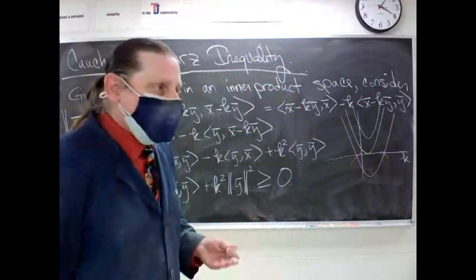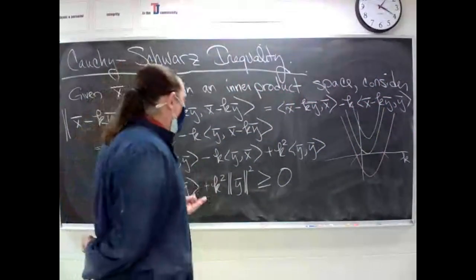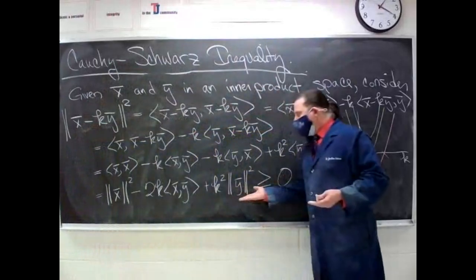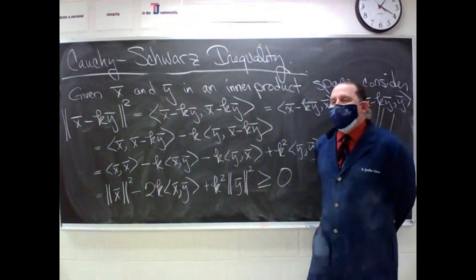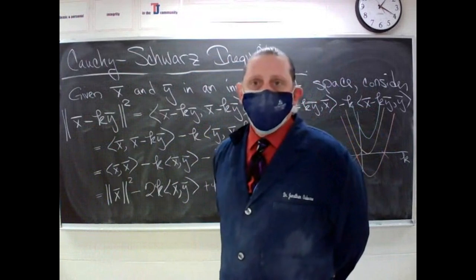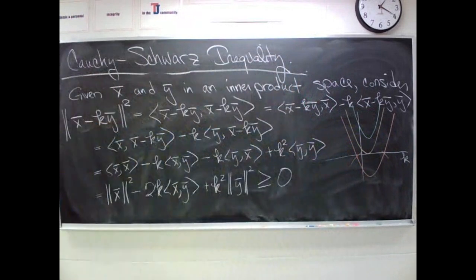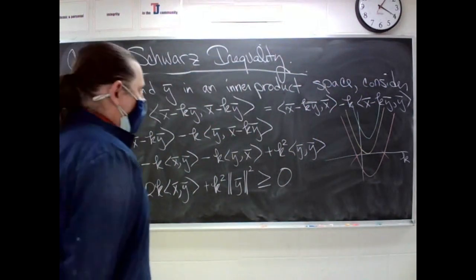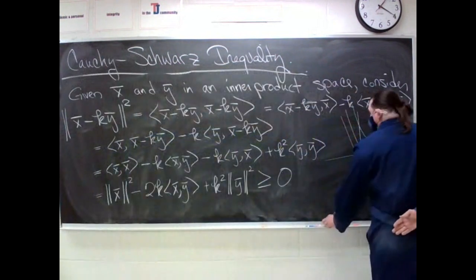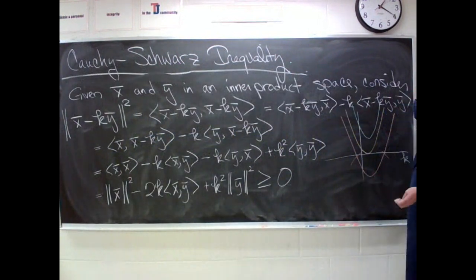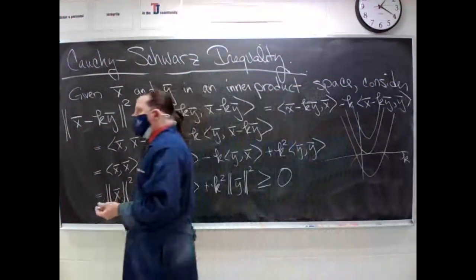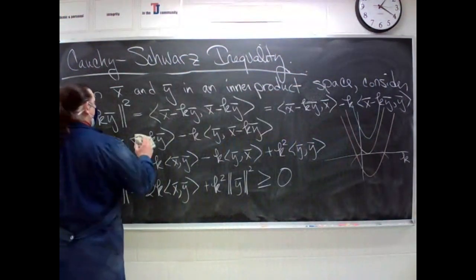So that means that the roots of this polynomial must either be non-real or they must be the same. Of course, that translates into a condition on the discriminant of this polynomial. The discriminant of this polynomial must be negative, or at best, it could be equal to 0.